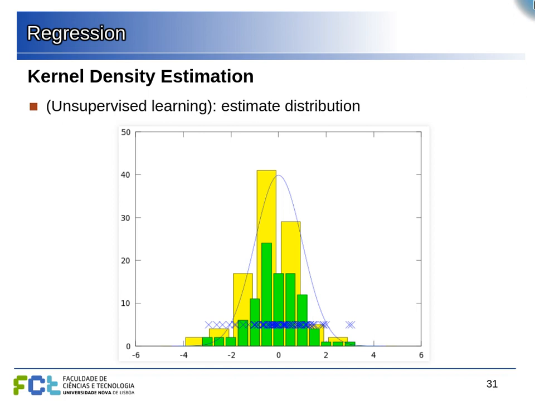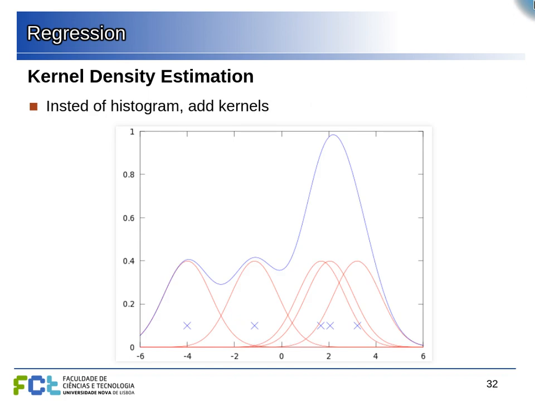And the idea is that if we have these points distributed here along these values, and we want to represent the distribution, the density of points in different regions, we can use the kernel function centered on each of the points. For example, in this case, we have Gaussian kernels, and then sum all the values of the Gaussian kernel.